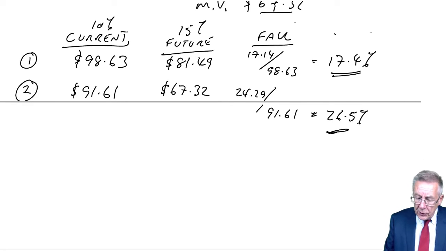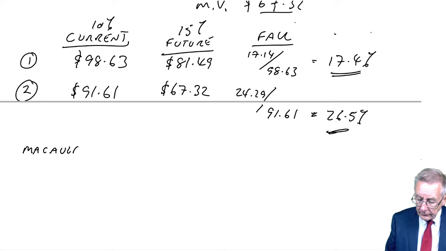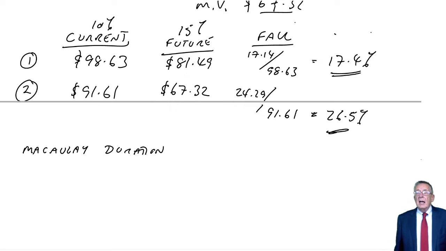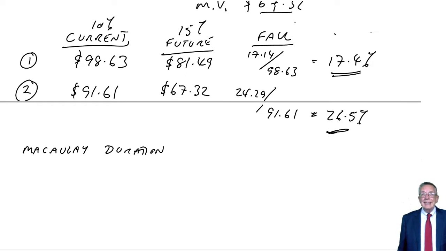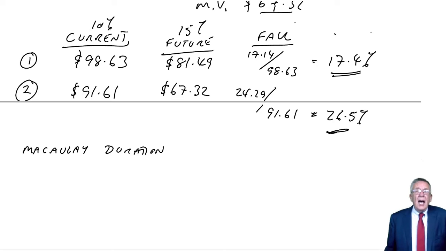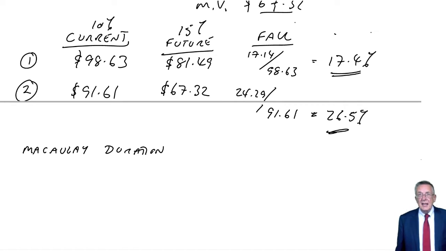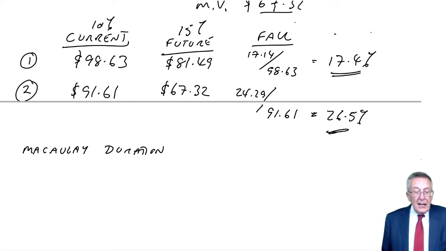And the Macaulay duration that's referred to on the next page, duration is time. It effectively looks at the average time it takes, the average number of years, effectively, to get half the money back. Now, I'm not going to prove that, but it is an average time that we calculate.